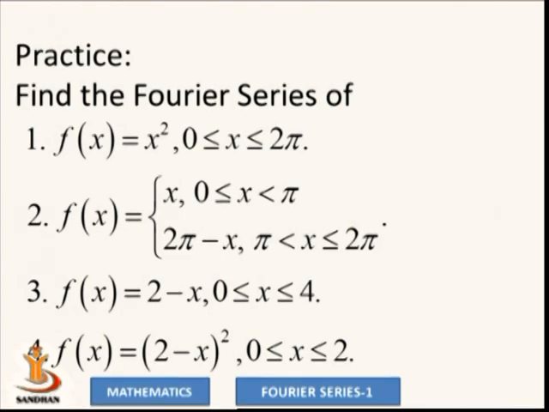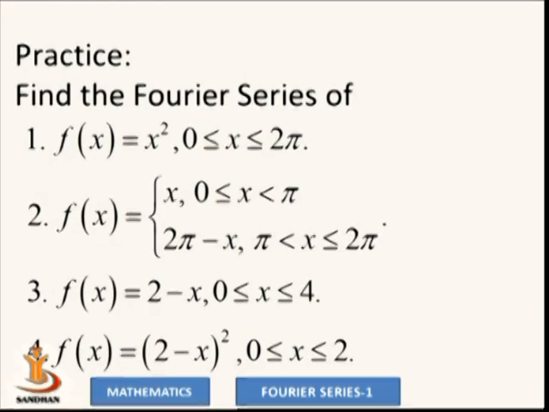Second function, f of x equal to x between 0 to pi and 2 pi minus x from pi to 2 pi. It is again a discontinuous function with 2 different limits, given here 0 to 2 pi.